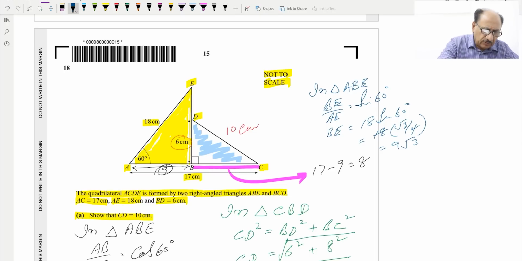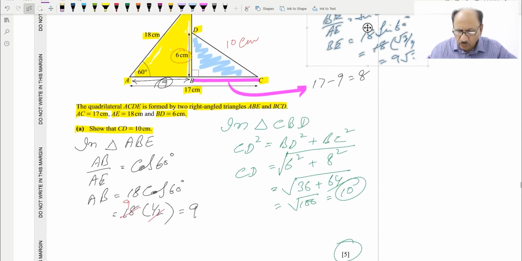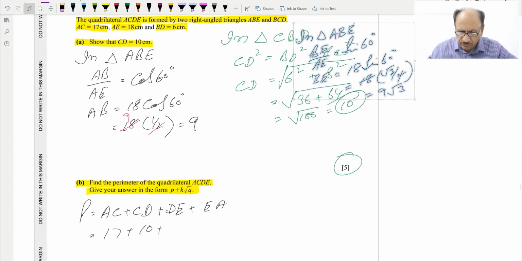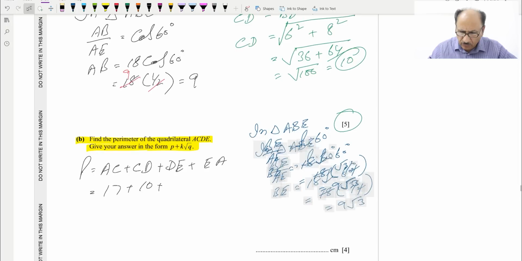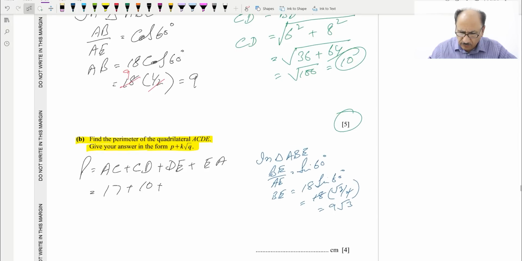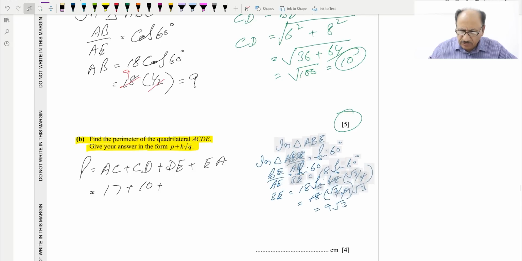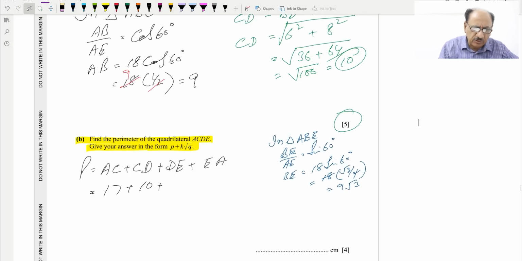Now we can move this to the lower location, the proper place over here. Now we have BE, and further we need to find DE.